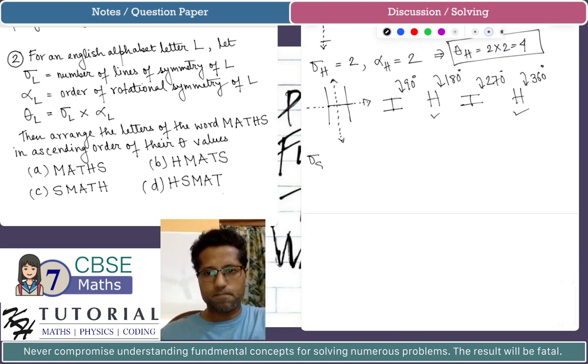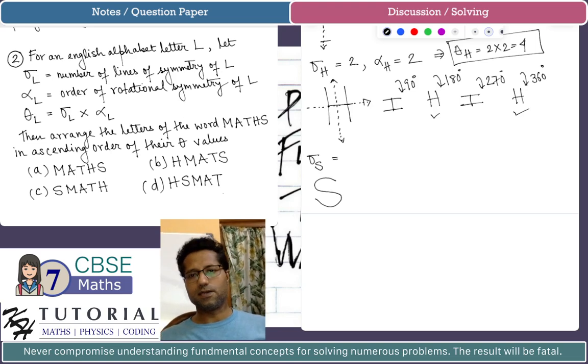Sigma S, that is the lines of symmetry of the letter S. The letter S, always remember, has no lines of symmetry. You cannot draw any line that will divide the letter S into two identical halves. So sigma S is always 0.